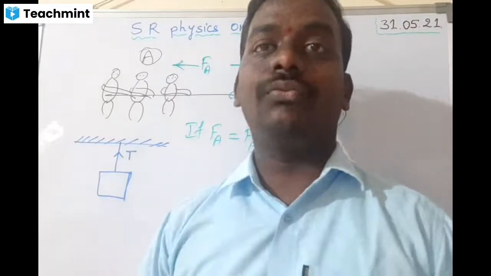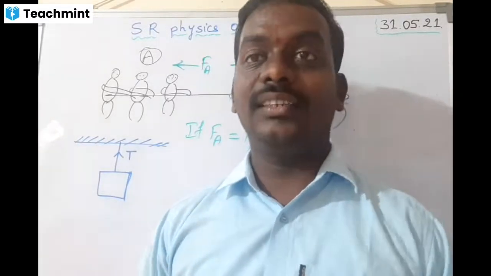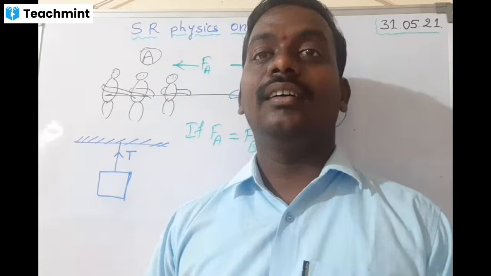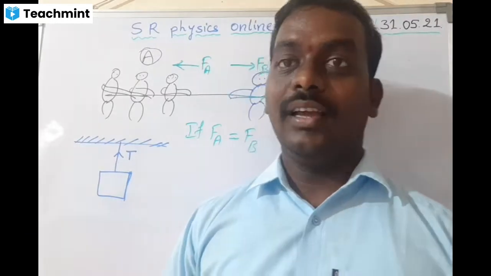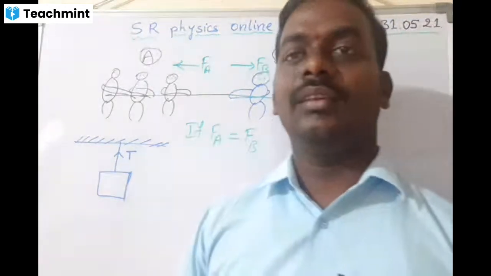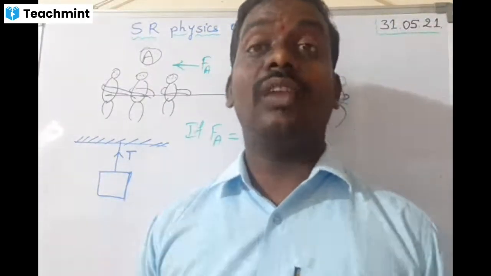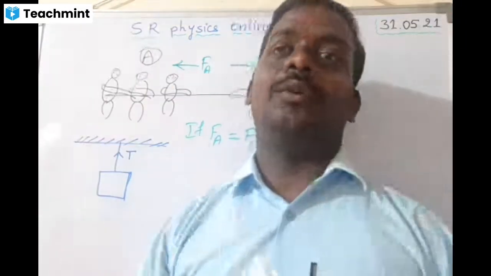If there is no tensional force, then we cannot say it is in a balanced state, it will get folded, isn't it? If the tensional force is exhausted, then what will happen? It will fall down.